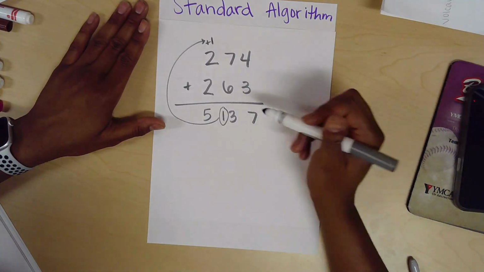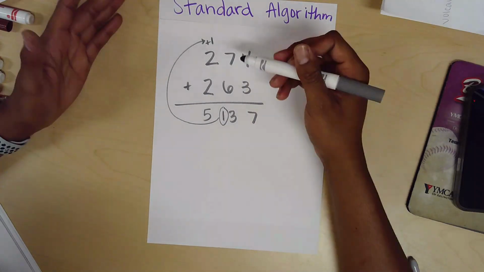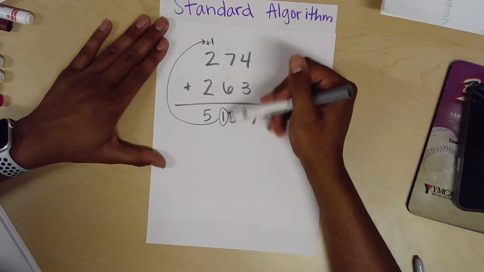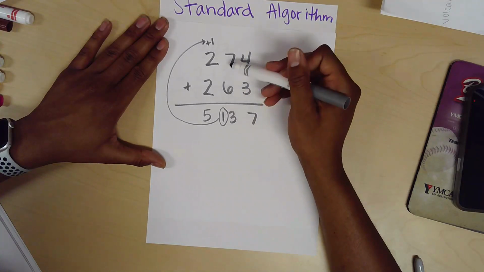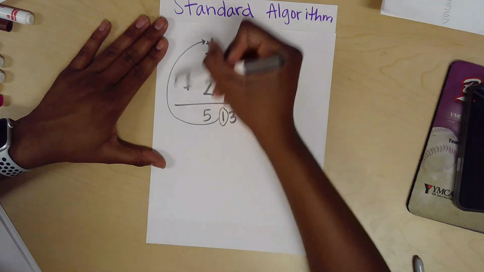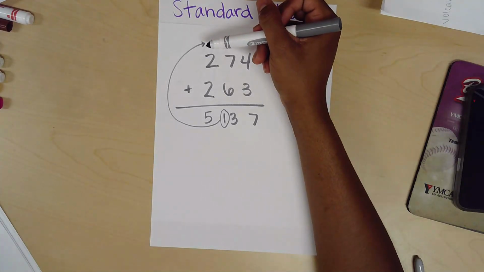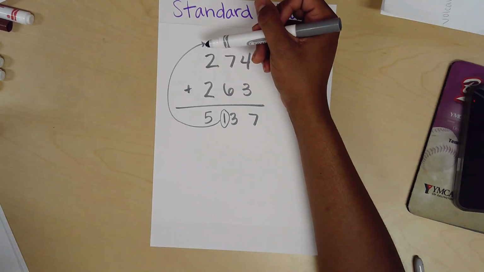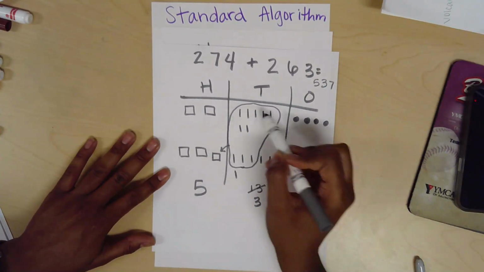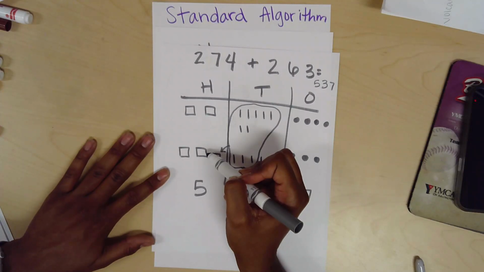Because we don't want them just doing it, but we want them to understand that this was really 130 right here, because it was 70 plus 60. And so that 100 can come on up here.